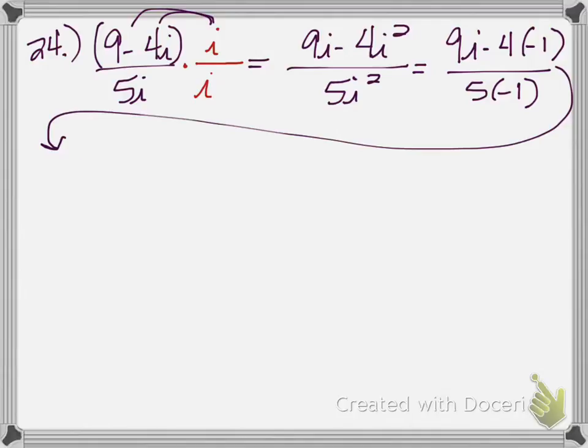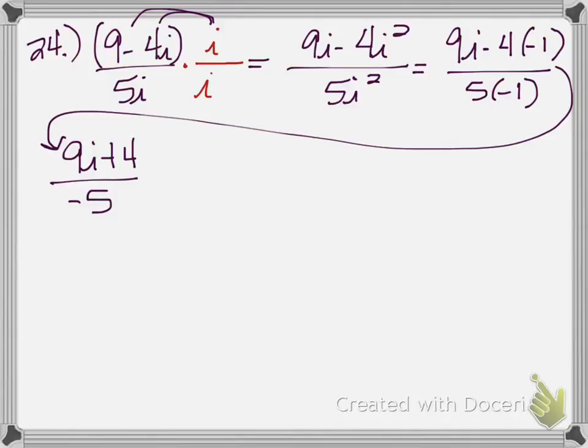So I really have 9i plus 4 over -5. -4 times -1 is positive 4, yeah.